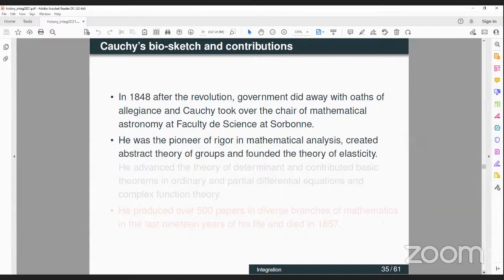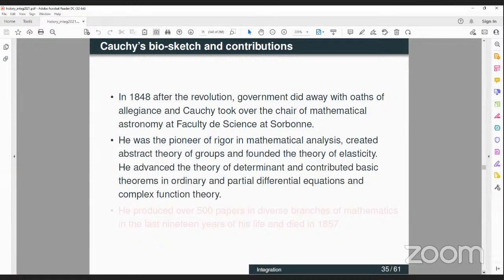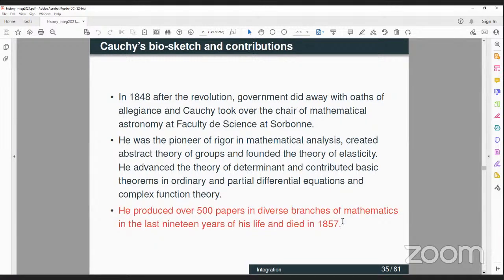He was a pioneer of rigor in mathematical analysis, created abstract history, and founded the theory of groups, the theory of elasticity in applied mathematics, ordinary and partial differential equations, and complex function theory. He contributed to diverse fields, and he wrote about 500 papers in diverse branches of mathematics in the last 19 years of his life, till he passed away in 1857. A remarkable mathematician, very productive.